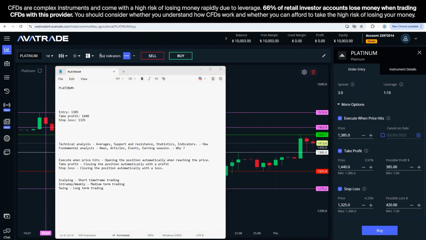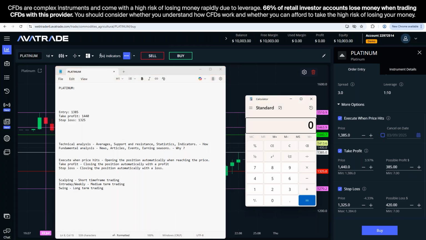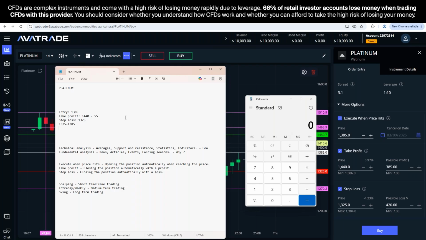Now, to know how far away my targets are from the entry, all I've got to do is subtract the smaller number from the bigger number, which makes it 55. And my second one, okay, we're going to take that, paste it in here, and it seems like it's 60. Okay, great.